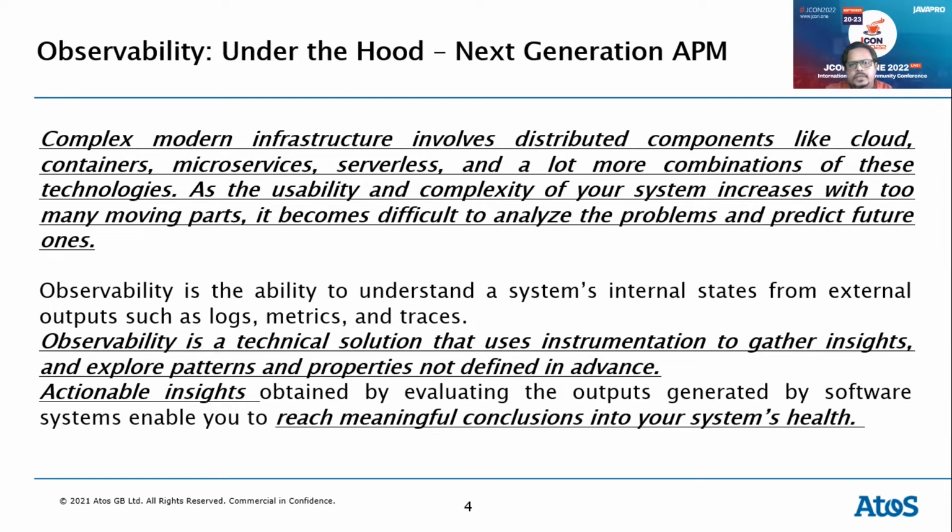Observability provides you with the capability through which you can instrument your application, gather insights, explore patterns, and make sure that if there is a course correction that needs to be done, it provides you with predictive analytics. So it tells you even before a system crash is going to happen, or if performance bottlenecks will happen eventually, it alerts you.